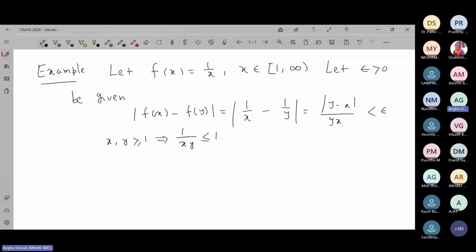So now choose delta. Let's take delta equal to epsilon, because epsilon is given. It's known to you. So let's say I give you an epsilon. You need to find a delta which will satisfy the definition. So let delta equal epsilon. Then what will happen?